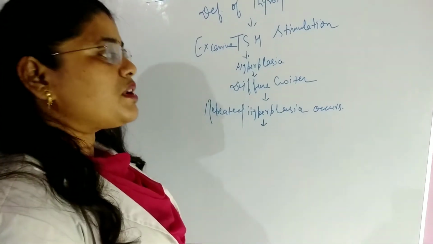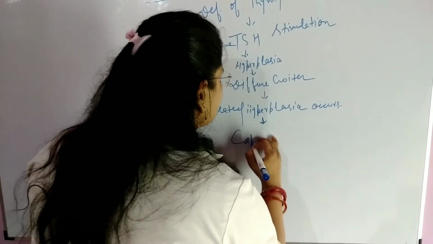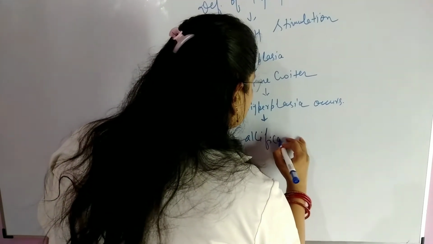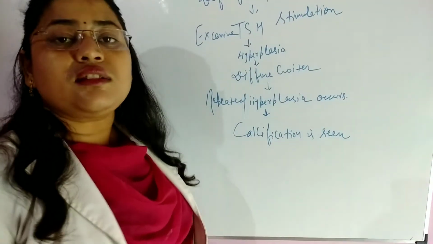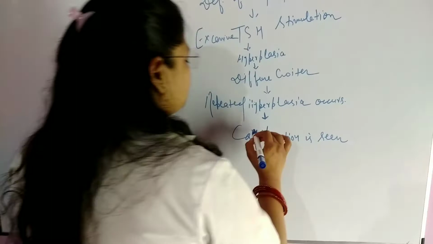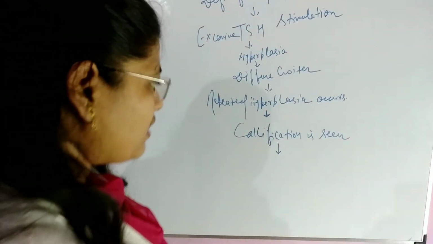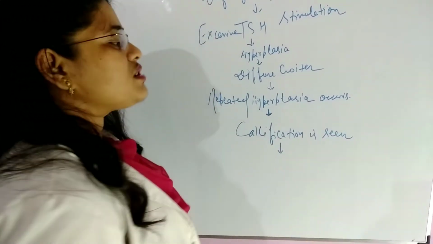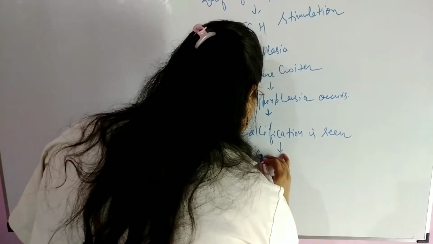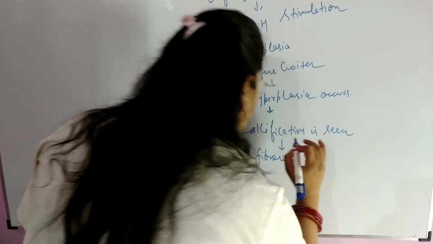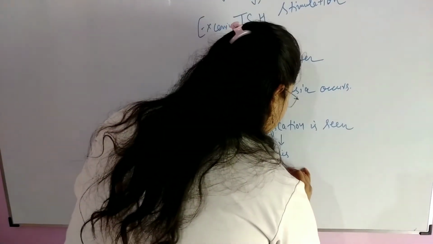Not only repeated hyperplasia but also calcification is seen in follicle cells of the thyroid gland, and this produces fibrosis and calcification both.